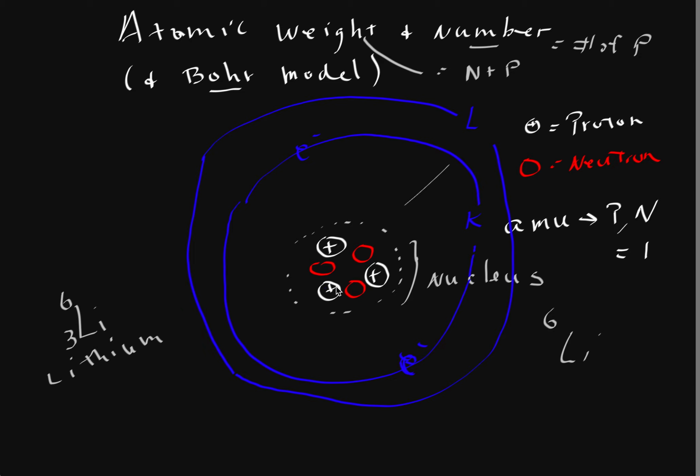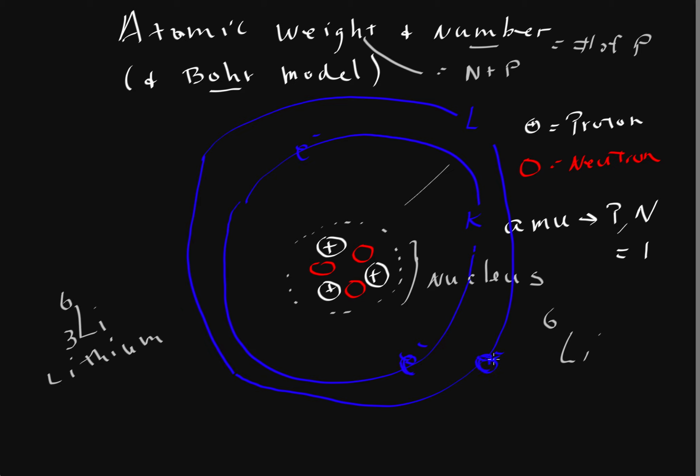Since there are 3 protons here, if we're going to have an atomically neutral lithium atom with no charge, we need a 3rd electron. That 3rd electron will have to go into the L shell. So we'll just draw another electron over here somewhere. It doesn't really matter. For the lithium atom, the way we've drawn it here, 3 protons, 3 electrons, the positive and negatives balance out, and so there's no charge. Lithium doesn't necessarily exist in the neutral state.